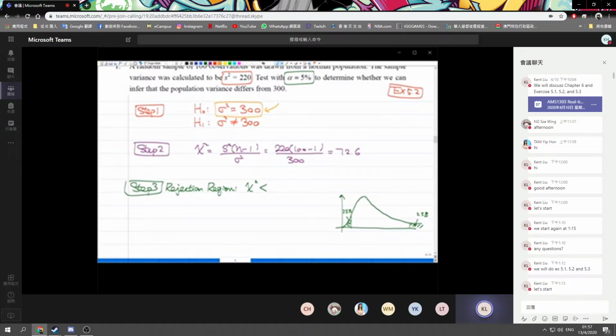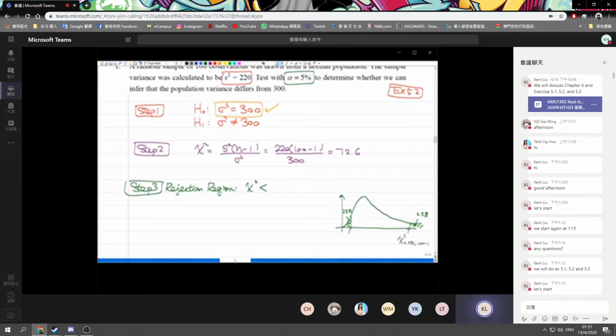This particular point, we name it chi-square 2.5% with degrees of freedom 100 minus 1. Why 100? Because our sample size is 100.